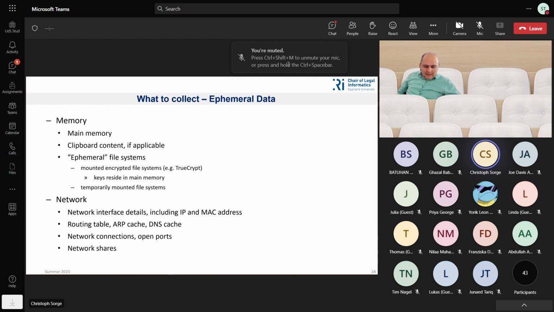So an open port means that communication is expected, as someone mentioned in the chat right now. It means the application is running on the system and is expecting communication. That might be relevant because you might either know that this application is running beforehand, or you might not. If you don't know and the application is still running on the system, that might be a bad sign.